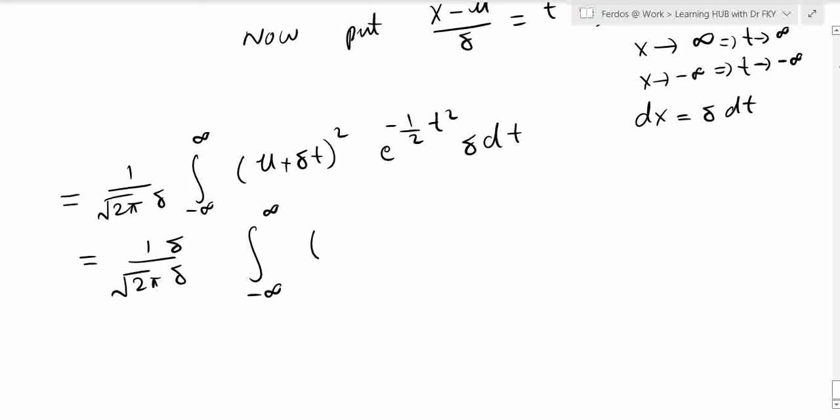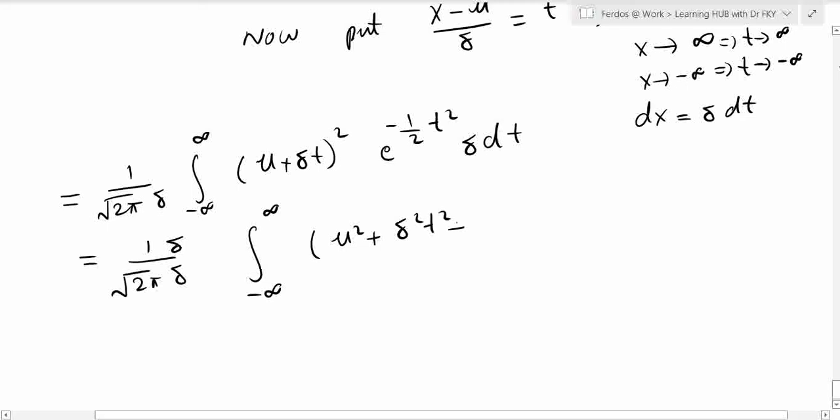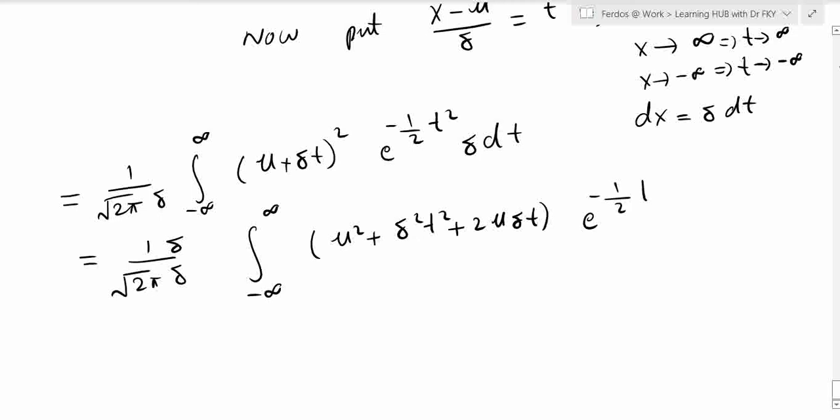Now you can open this. This is the formula a plus b whole square. So mu square plus sigma square t square plus 2 mu sigma t, e power minus 1 divided by 2 t square dt.